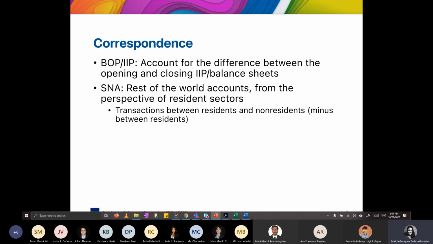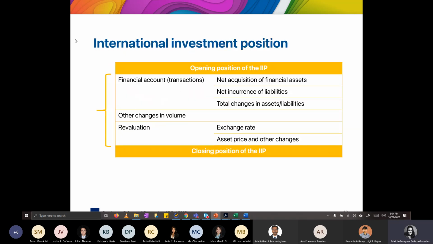So the correspondence is this. In the BOP and the IIP, I'll show you this. The financial account and the other changes in volume in financial assets account actually account for the difference between the opening position and the closing position of the international investment position. I'll go further into this later, but if you remember the basic SNA, these are the stocks or positions.